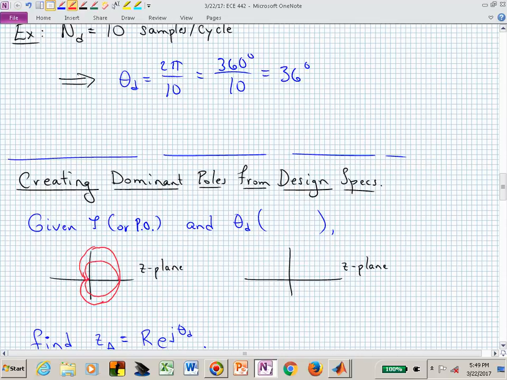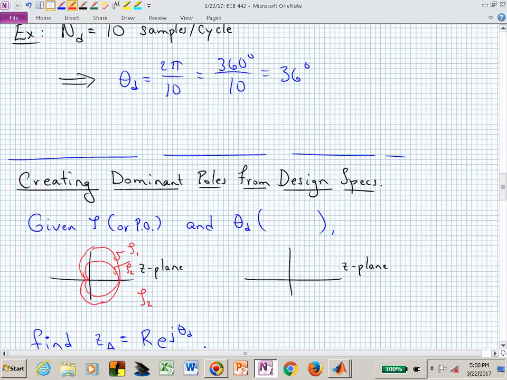Which heart corresponds to a bigger zeta? The inner heart or the outer heart? Which one has a bigger zeta? If I labeled this as, let's say, zeta 1, and I labeled this one as zeta sub 2, wow. Hopefully you have better penmanship than I do. But zeta 2 is related to zeta 1 in which way?